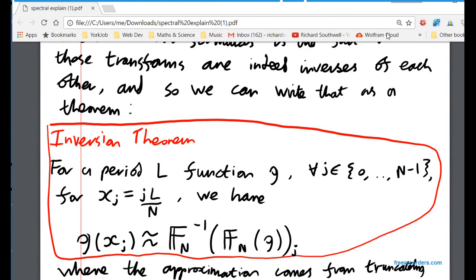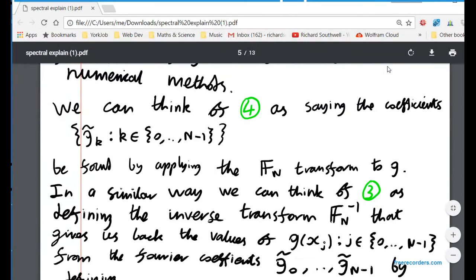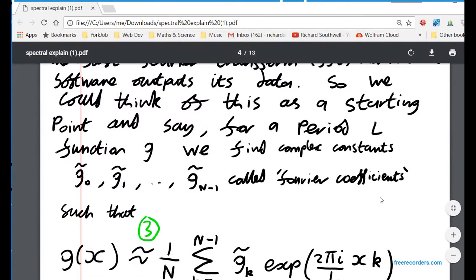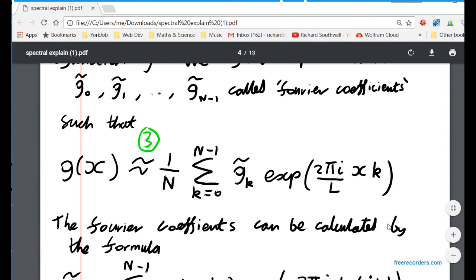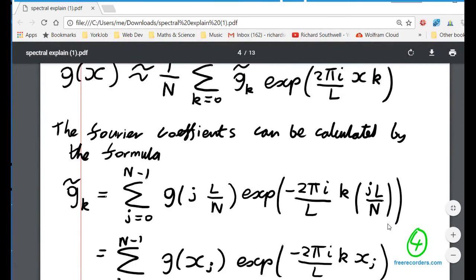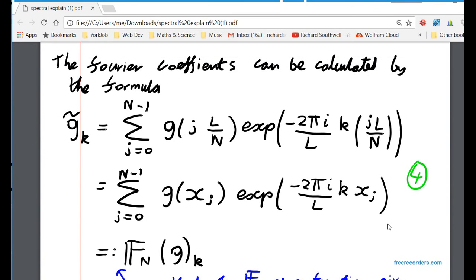Because obviously we want F_N to be the inverse of F_N inverse. So basically all we're saying here is that if we have something like equation 3 here, then we can calculate the Fourier coefficients by something like equation 4 here. And we're just saying with this inversion theorem that this is consistent.